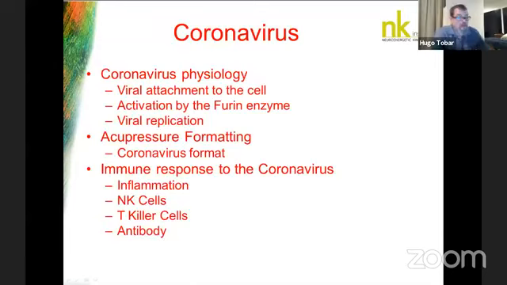And we'll be looking at how acupressure formats and kinesiology became used against this coronavirus, or as a way of balancing stress for the coronavirus.